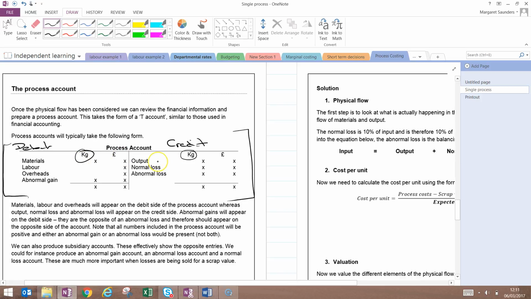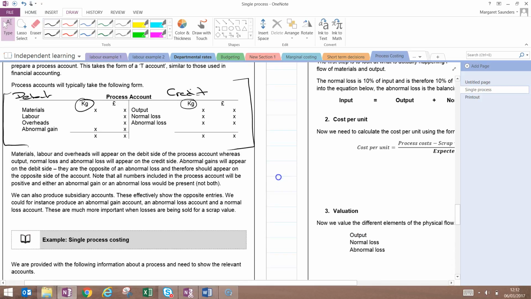This particular T account shows kilos, but it could be units, it could be litres, it could be any other measurement. But you will see two columns, quantity and values. So we're going to look at how we write up this T account.